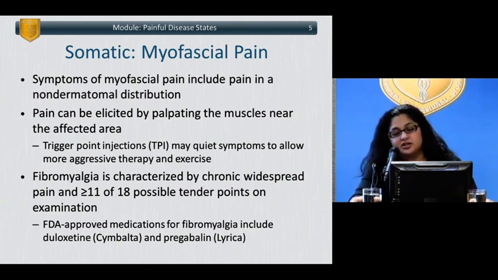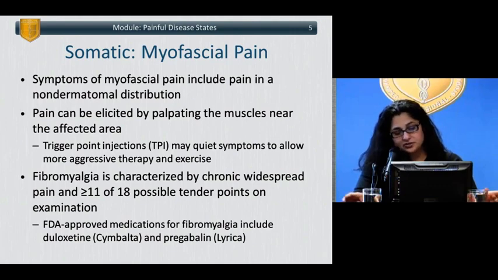There have been multiple changes to the definition of fibromyalgia, but it's usually defined as widespread pain that can include anywhere from 11 to 18 tender points when examining a patient. Tender points are usually identified by palpating certain muscles, and as you palpate, there's an area of tenderness in that area.